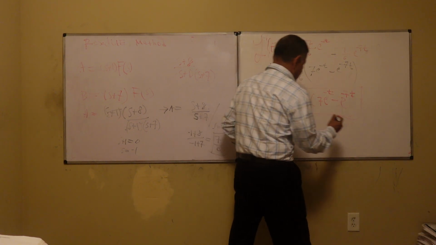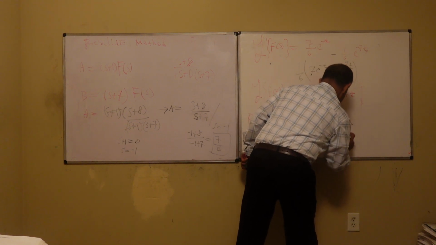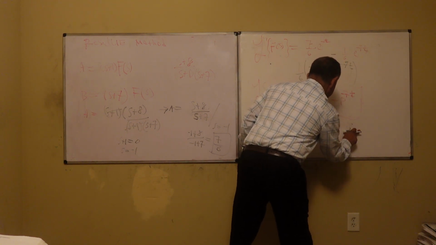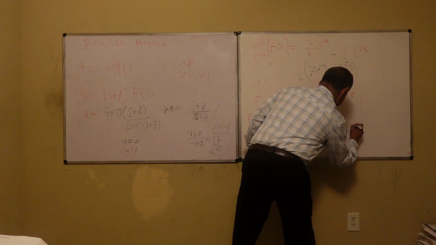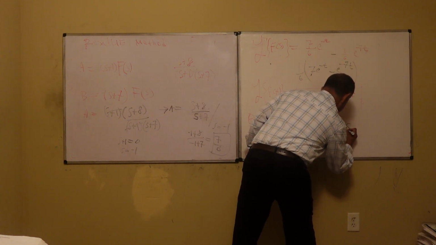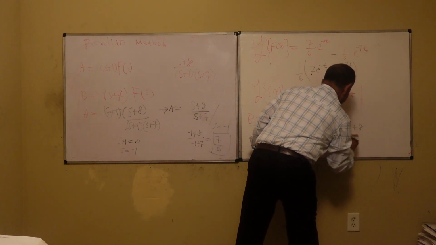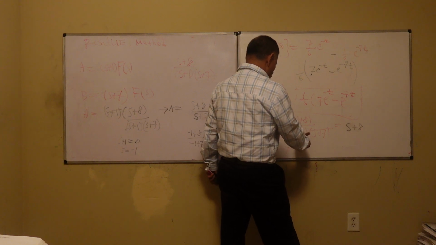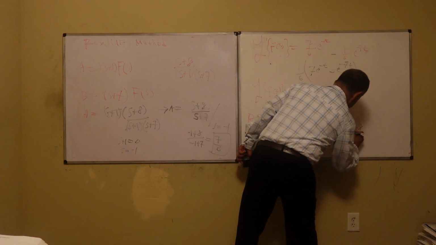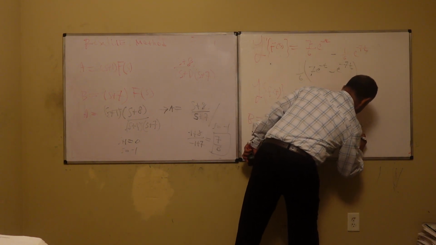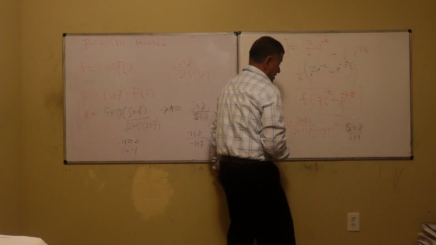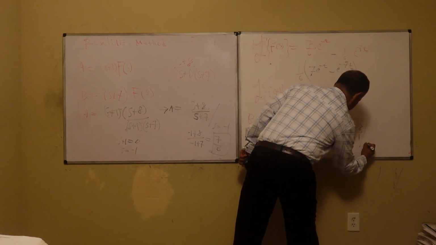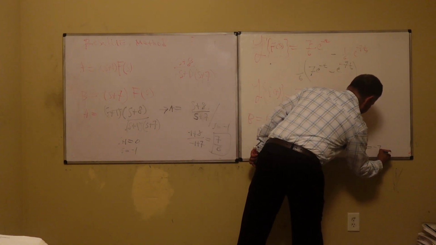So it's S plus 8 over S plus 1 when S goes to negative 7, right?